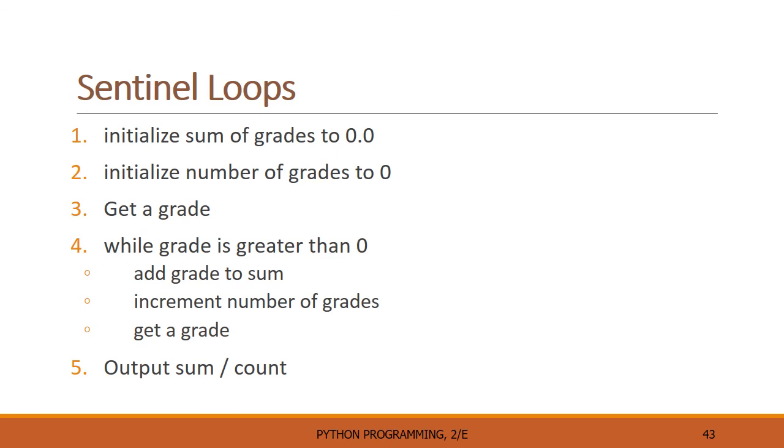And while this grade is greater than 0, we can add the grade to the sum, increment the number of grades, and get another grade. We'll continue in this while loop until the grade entered by the user is a negative number. Once we finish the while loop, then we can output the average.